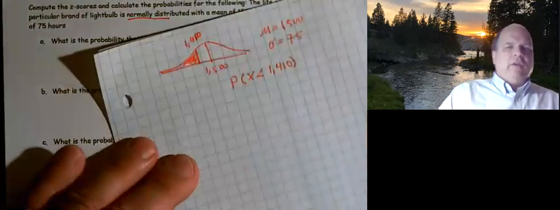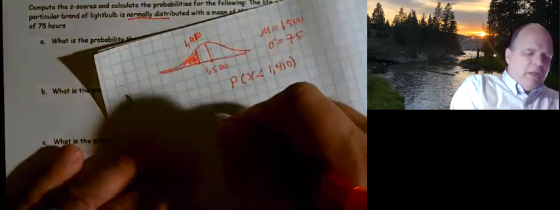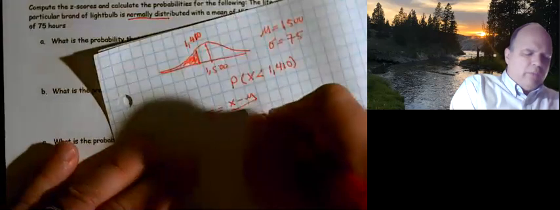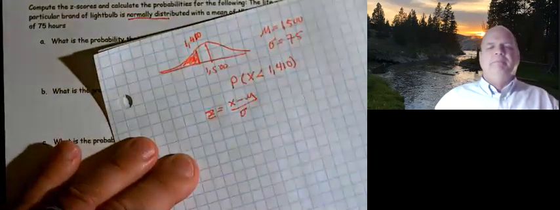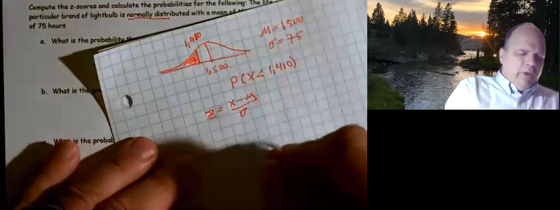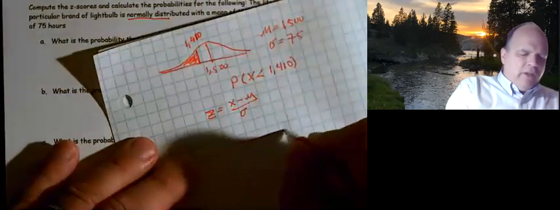So if I go ahead and set a z-score up, it's going to be z equals x minus mu over sigma. All right. Well, in this case, we know that our mean is 1,500.